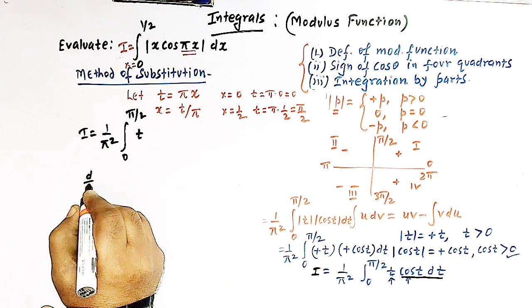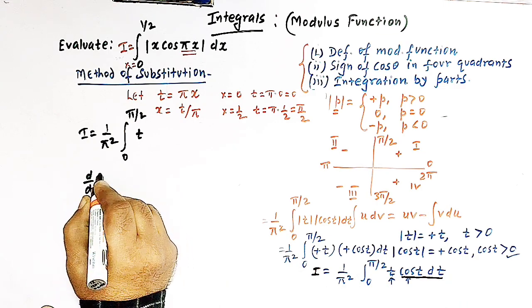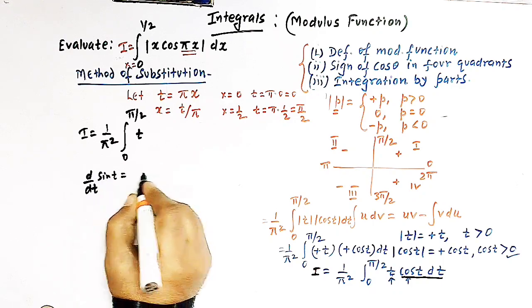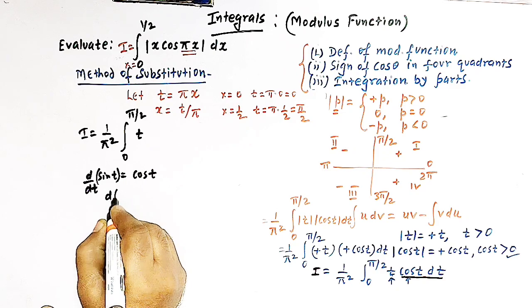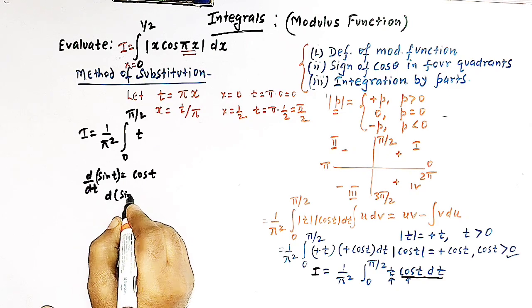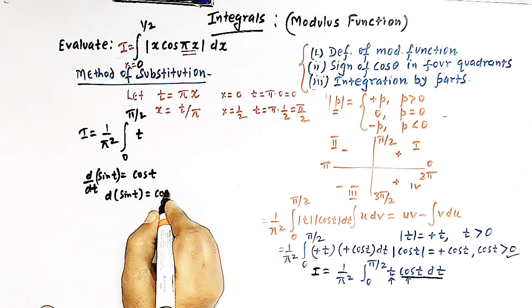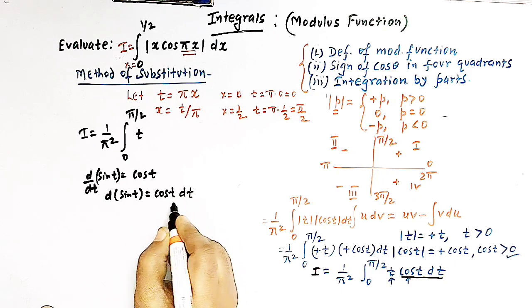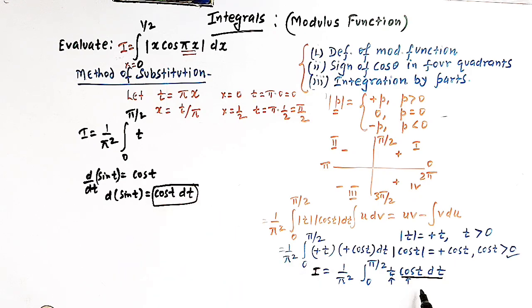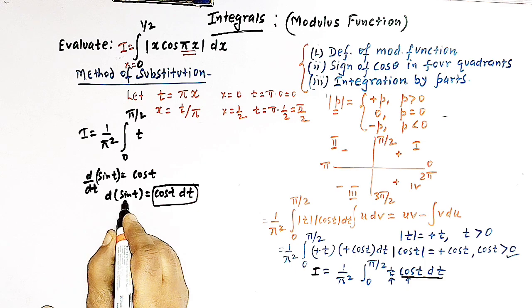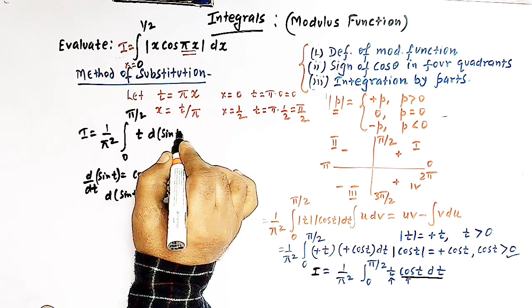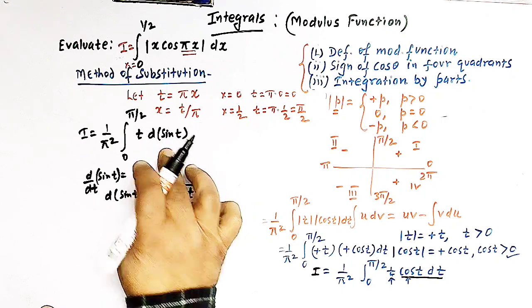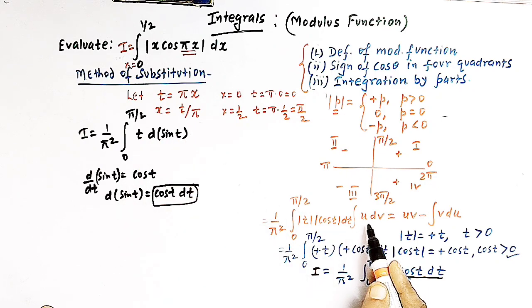Now see the derivative of sine t is equal to cosine t. So we can write d sine t is equal to cos of t dt. So we can replace cos of t dt by d sine t. So here we have d sine t, so that we can now apply the formula of integration by parts.